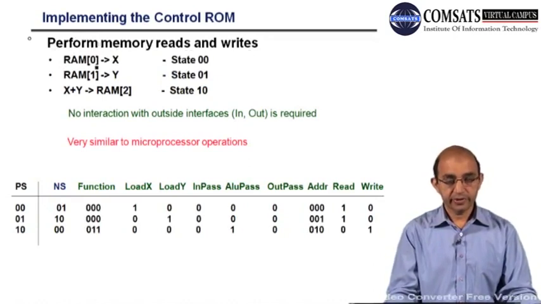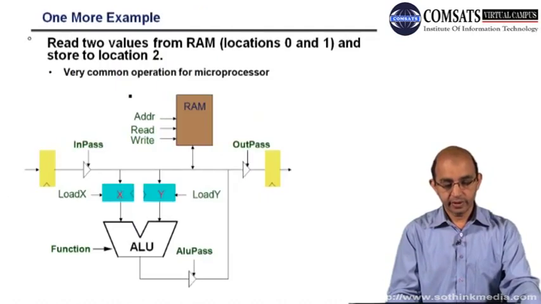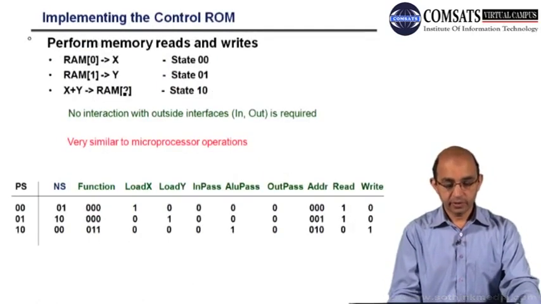So RAM location 0 has been loaded into X. RAM location 1 is loaded into Y. So the addition of X plus Y is performed and the result is stored at RAM location 2.